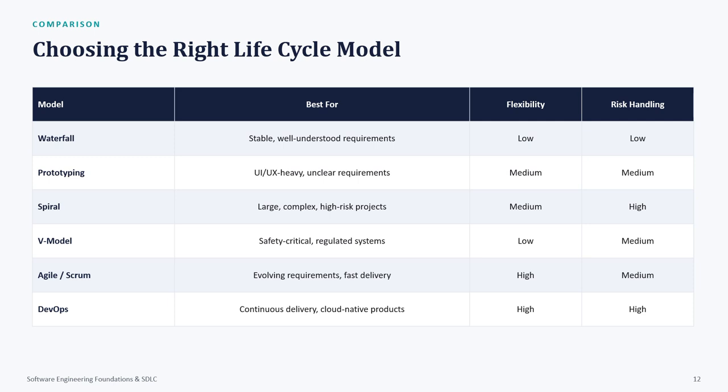In this flexibility is medium and risk handling is high. V model is for safety critical regulated systems, low and medium. Agile or Scrum is for evolving requirements and fast delivery. Flexibility is high and risk handling is medium. DevOps is for continuous delivery or cloud native products. In this, high flexibility and high risk handling.